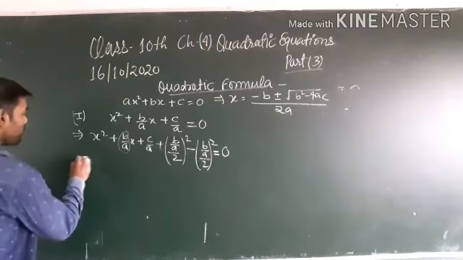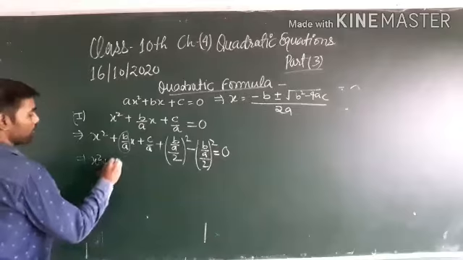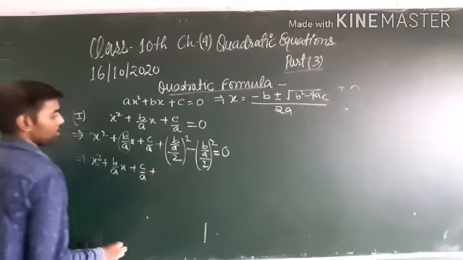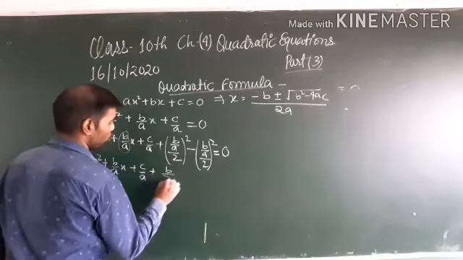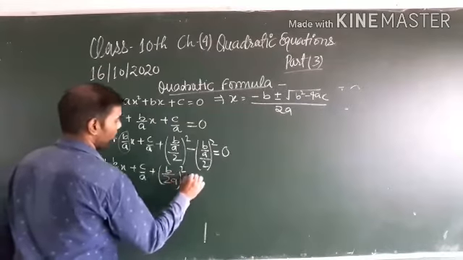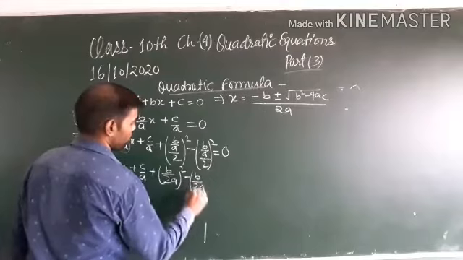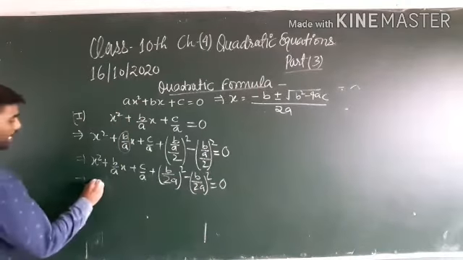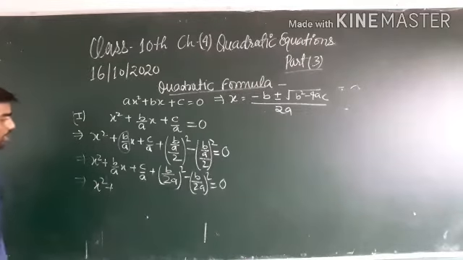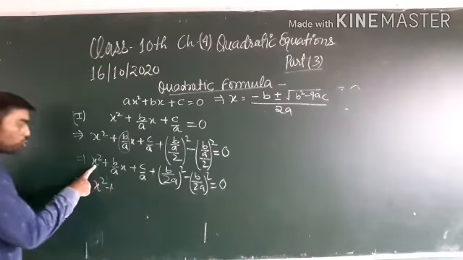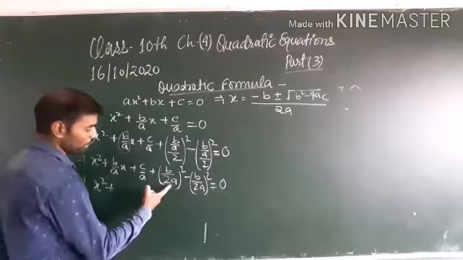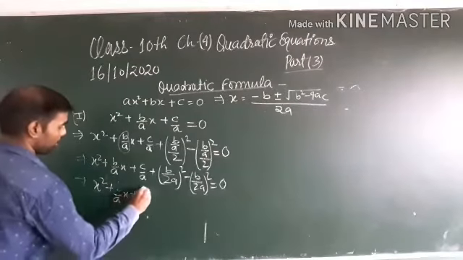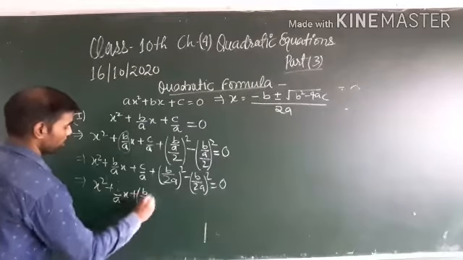The coefficient of x is b by a. Now this is x square plus b by a x plus c by a plus b upon 2a to the whole square minus b upon 2a to the whole square is equal to 0. Here this is a square plus 2ab plus b square, so we can write this part as x plus b upon 2a whole square.